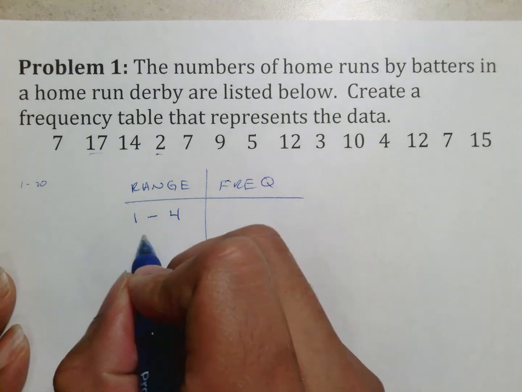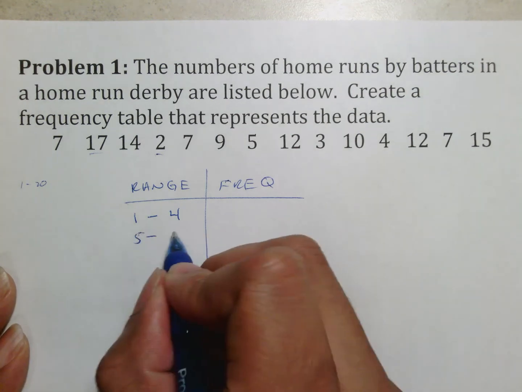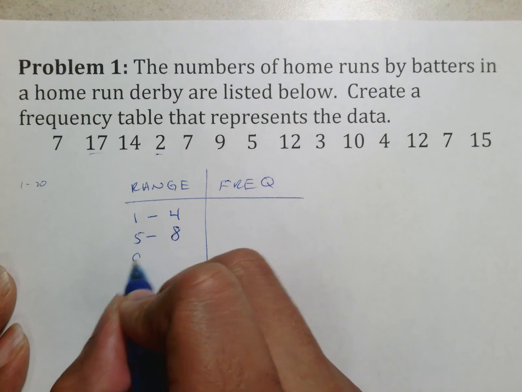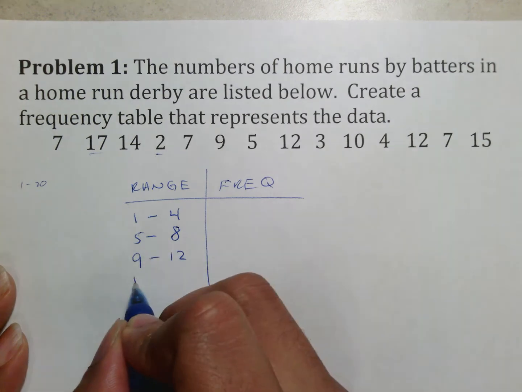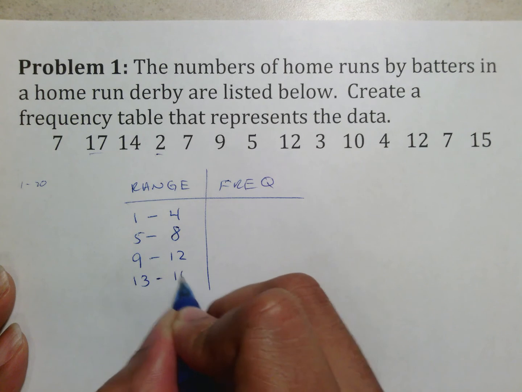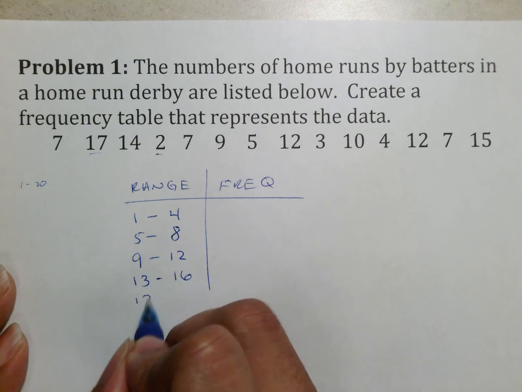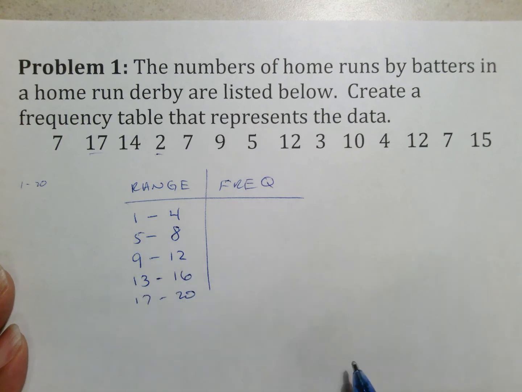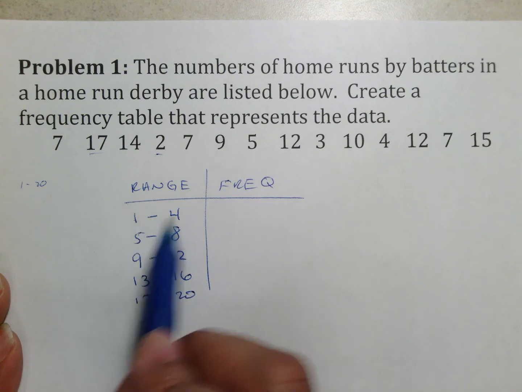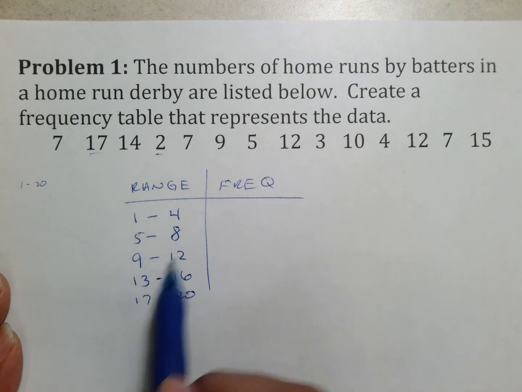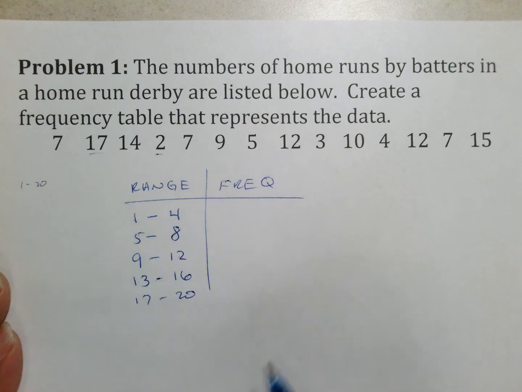But 1 to 4, which means I start now at 5 and then go up to 8, and then my next range would be from 9, because that's the next number, up to 12, and then my next range would be from 13 up to 16, and then 17 up to 20. So again, your range should cover everything. Notice 1, 2, 3, 4, 5, 6, 7, 8, 9, 10, 11, 12, 13, 14, 15, 16, 17, 18, 19, 20. Every number needs to be covered here.